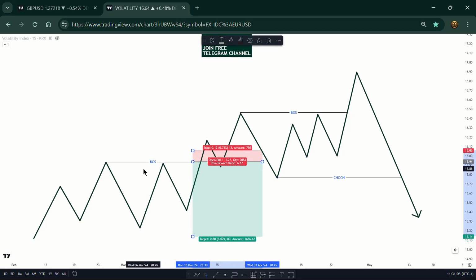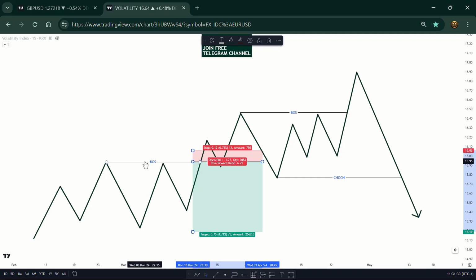When you see double tops like this, it is liquidity just building up. It induces a lot of traders to sell here. So when you enter a trade here, you are expecting the market to drop and maybe go all the way to the downside there, and then it just moves aggressively to the upside, taking out all those stop losses.